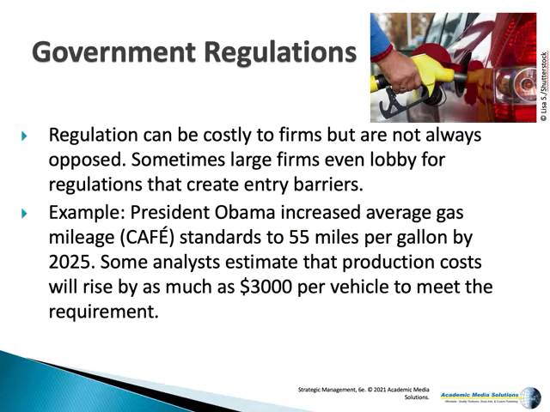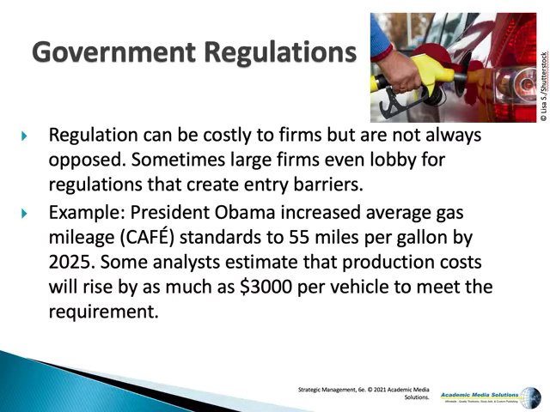Now, regulation can be costly to a lot of firms, but sometimes firms actually get behind legislation, and often they'll do so in the name of safety or being a good corporate citizen, but sometimes they can create entry barriers, a topic we discussed in the previous chapter.